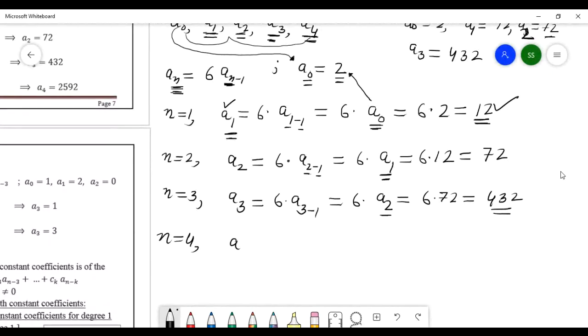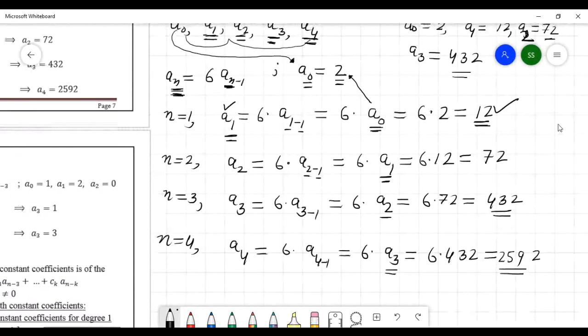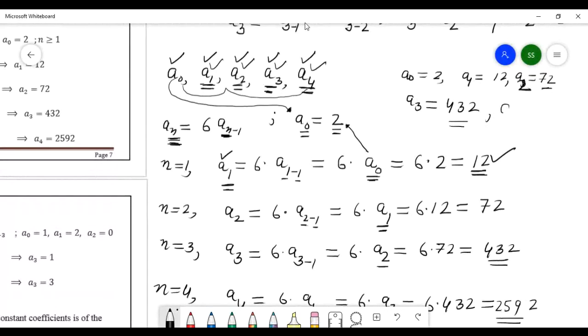So in the recurrence relation, a4 equals 6 times a of 4 minus 1, which is 6 times a3. a3 is 432, and this equals 2592. So a4 equals 2592.